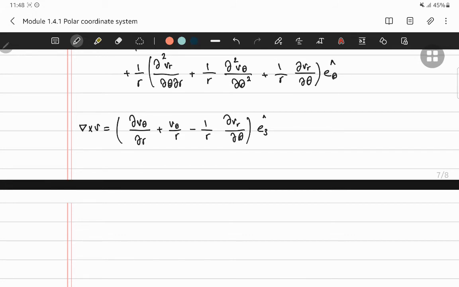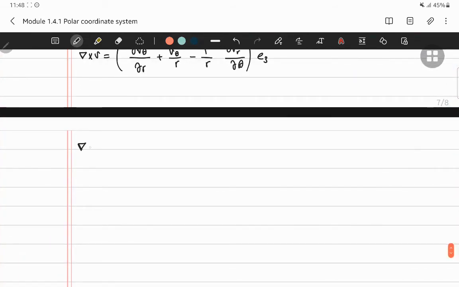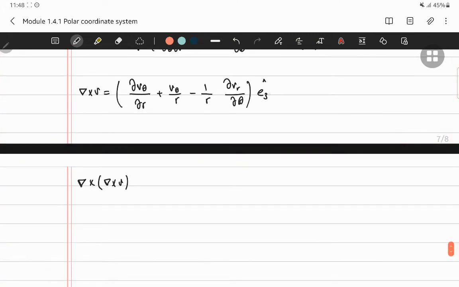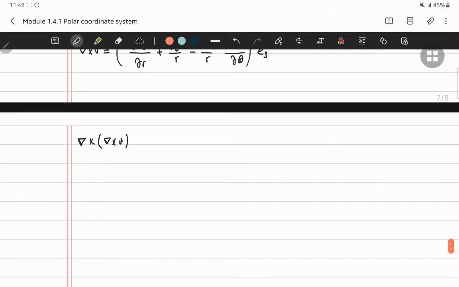And here we're going to take the curl of this expression. And since we have E3 here, the third dimension is involved. Now we have to use the curl from the cylindrical coordinate system.